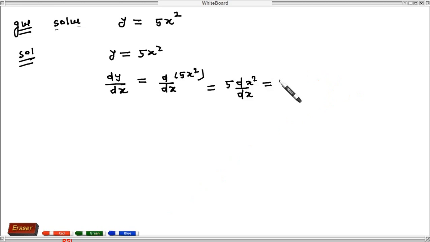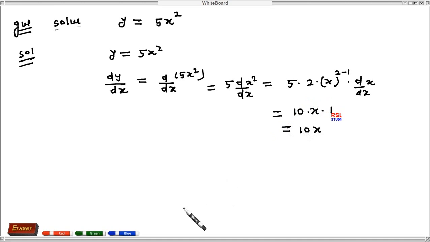So 5, this 2 will come out, x power 2 minus 1, and d/dx of x. So that will be 10 x power 1, and this is 1. So finally 10x will be the answer.